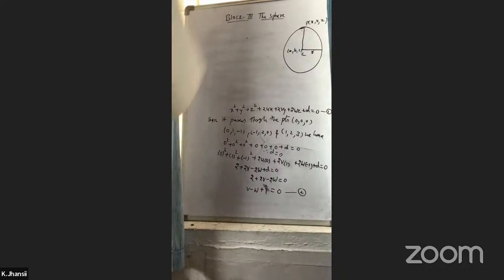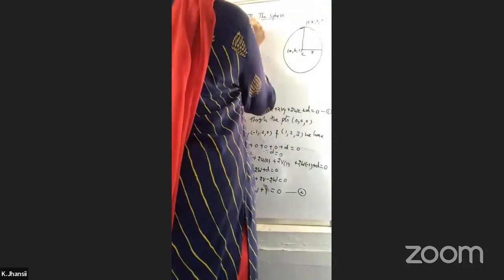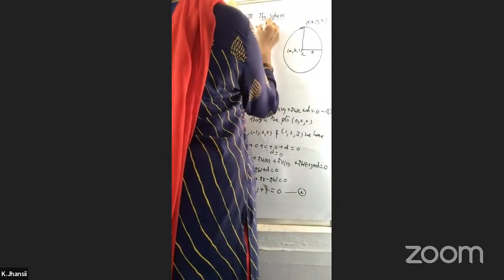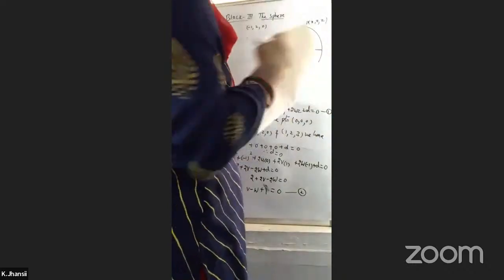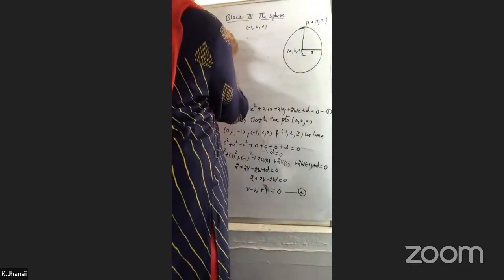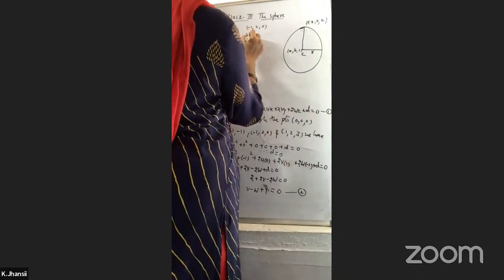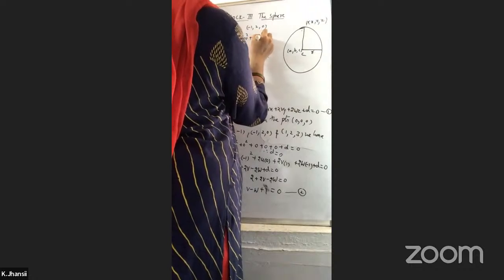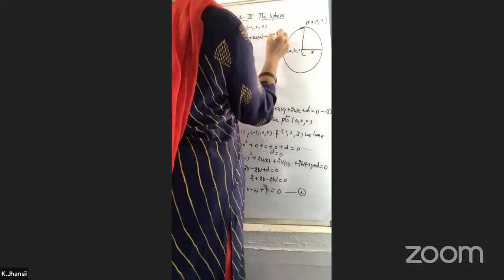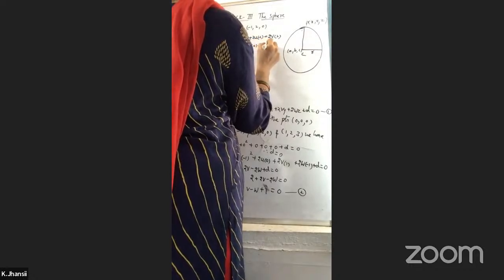So, okay, through the third point is minus 1 comma 2 comma 0. Okay, minus 1 comma 2 comma 0. So when it is passing through this equation 1, minus 1 whole square plus 2 whole square plus 0 whole square plus 2u into minus 1 plus 2v into 2 plus 2w into 0 plus d equals to 0.